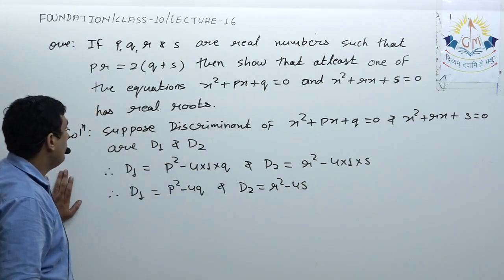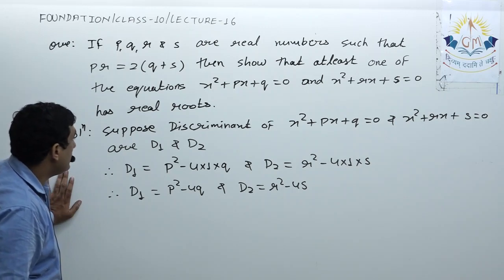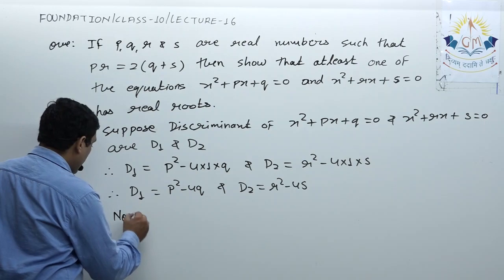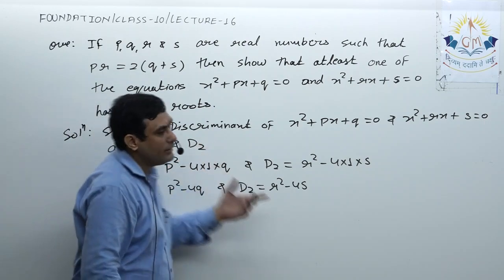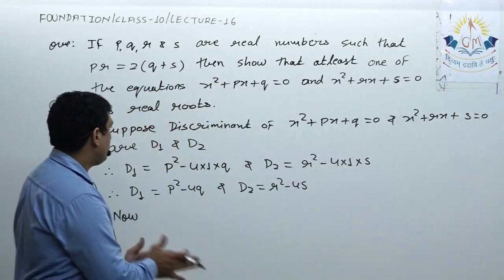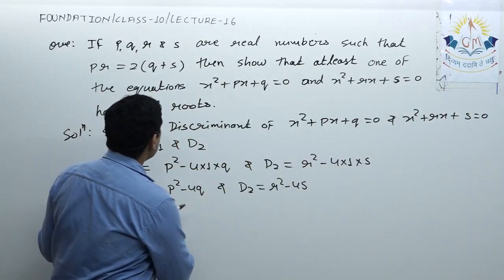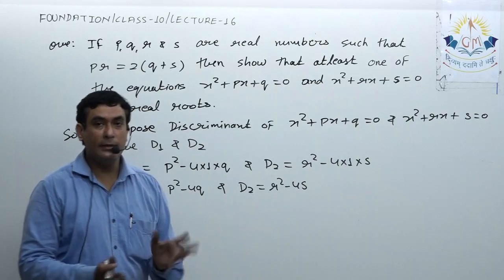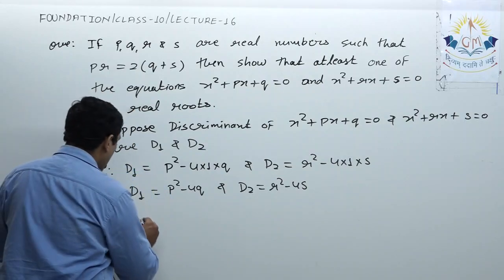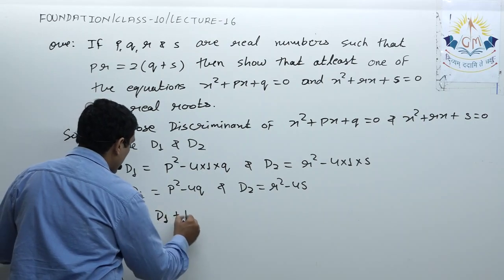Okay, we have to prove that at least one equation has real roots. So now see, whenever we have to prove that an equation has real roots, we have to ultimately prove some quantity is greater than or equal to 0, either d1 is greater than 0 or d2 is greater than 0. So here let me find d1 plus d2.